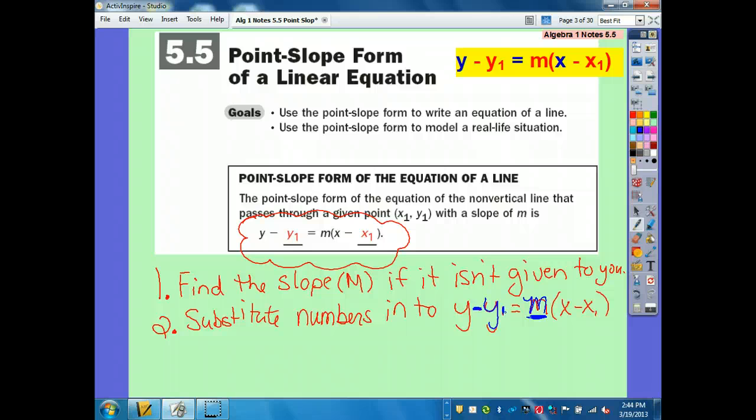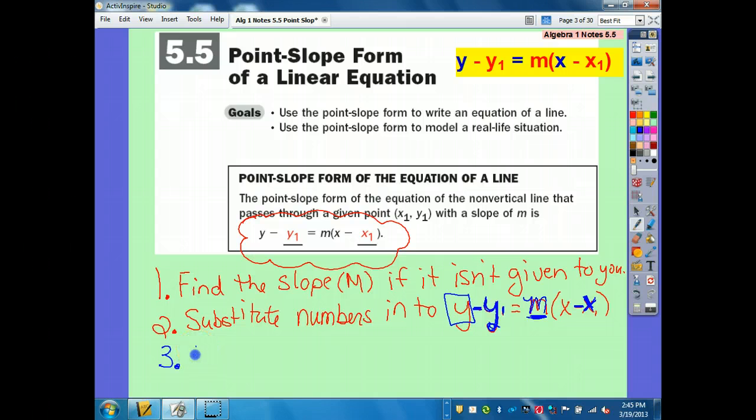You take an ordered pair and you put the y in for the second y here, because we don't want to mess with this first y because it's already positive. We want to leave that one alone. So we're going to substitute the y in here out of the ordered pair and the x in here out of the ordered pair.